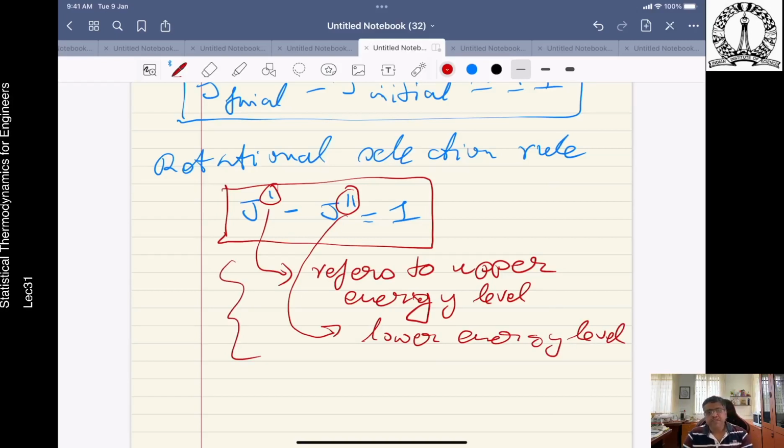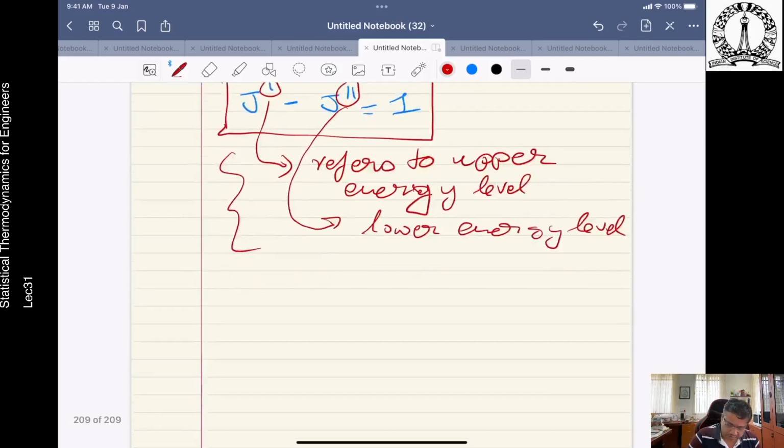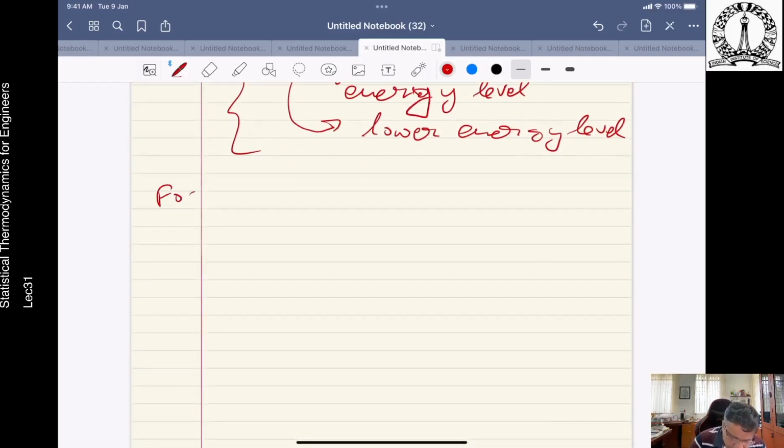Okay? So applying this nomenclature for each spectral line for pure rotational transition.